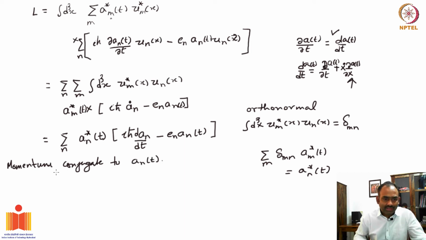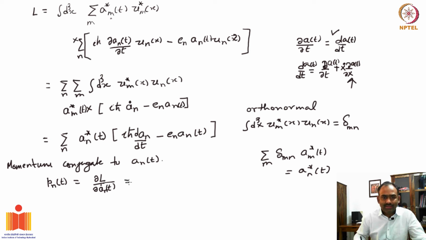And how do you get that? So, if I define that conjugate momentum to be p n, then p n will be del L, the partial derivative of the Lagrangian with respect to q dot. And what is q here? It is a n. So, it is a n dot of t.